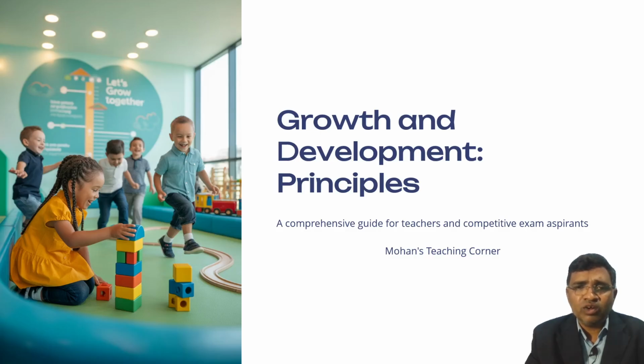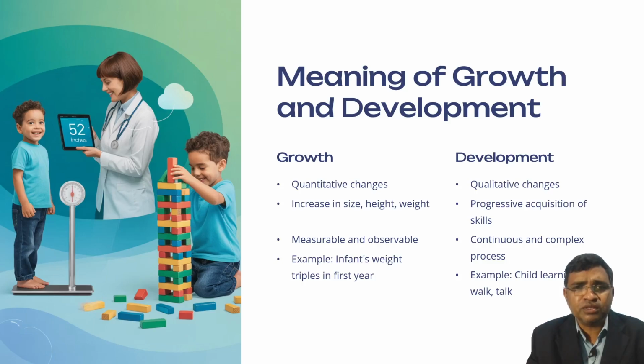So let us start growth and development principles. So, meaning of growth and development. See, the growth, it is a quantitative change. That means you can calculate size, height, weight: how much is the size of the person, what is the height of the person, what is the weight of the person, which you can measure.